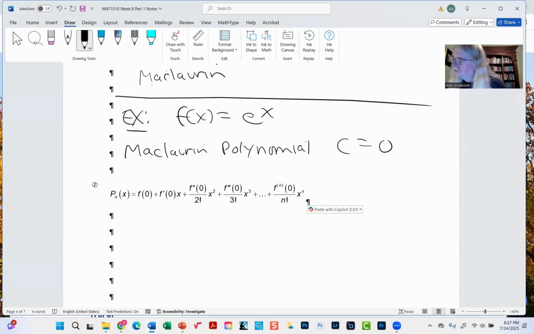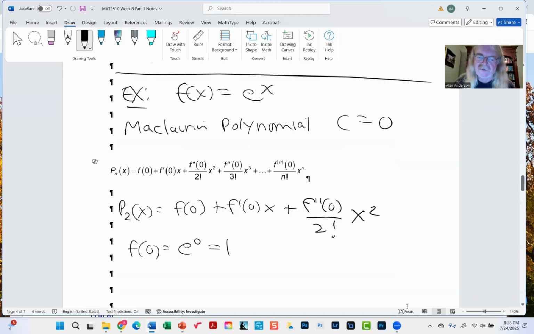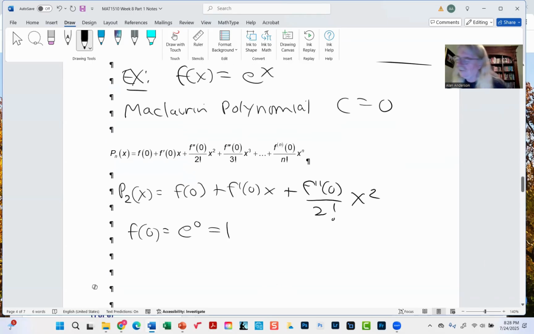So that means that, let's say, P of 2 would be, all right. So we need to know f of 0. Now, luckily for us, they chose this function very carefully because if you notice, the derivatives are all e to the x. Okay, that really does help.